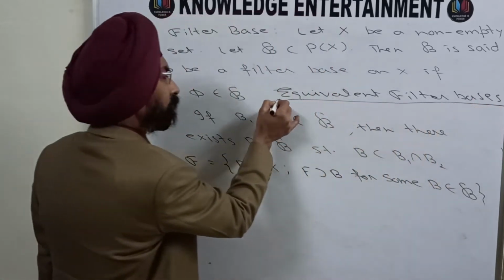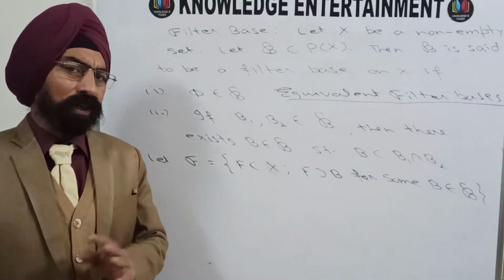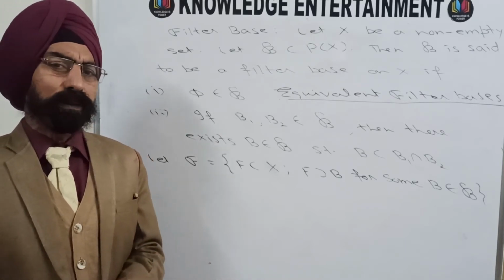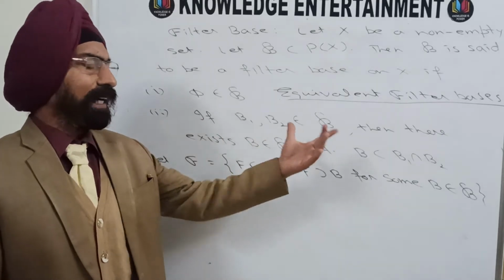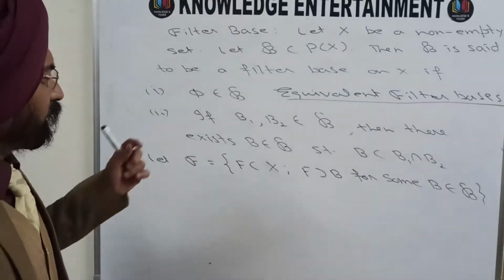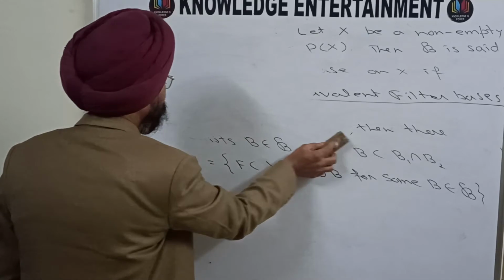Once again, I repeat the definition. Two filter bases B1 and B2 are said to be equivalent filter bases if they generate the same filter. So this is the definition of equivalent filter bases.